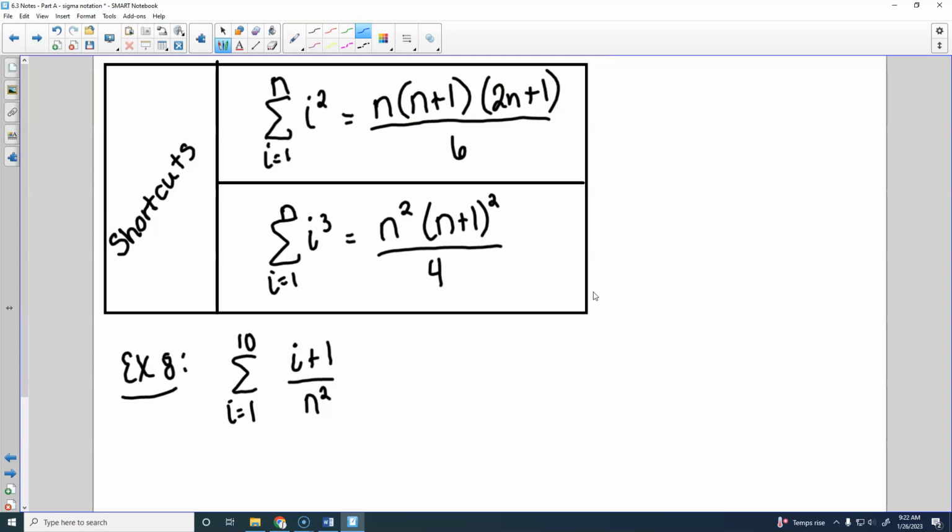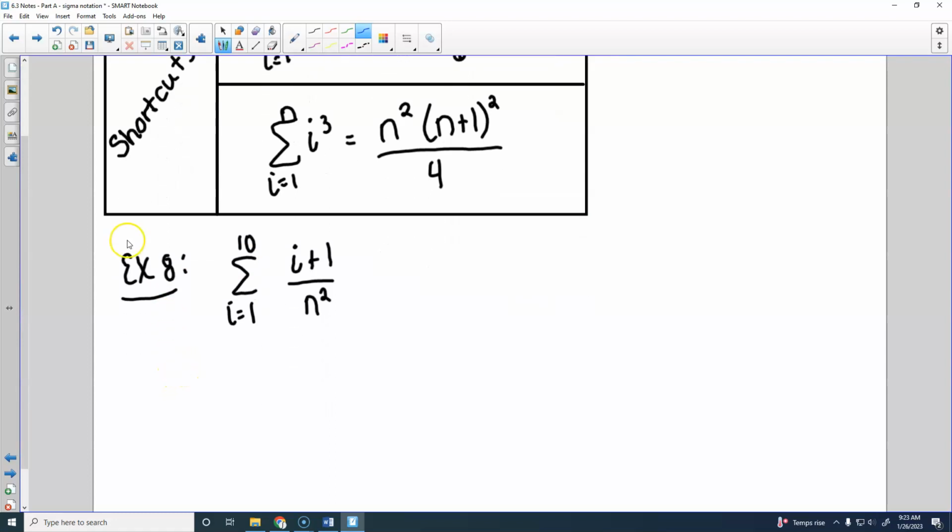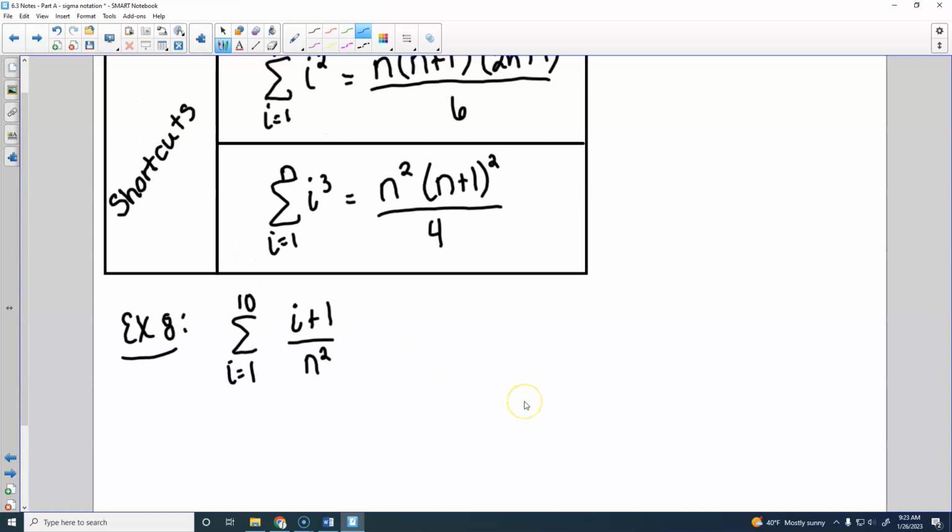So, if I have to do this particular sum that I have here, when I look at this particular sum, I've got the sum from 1 to 10 of I plus 1 over n squared. What is my n for this problem? It's a 10, right? So I could plug that in as my value there.